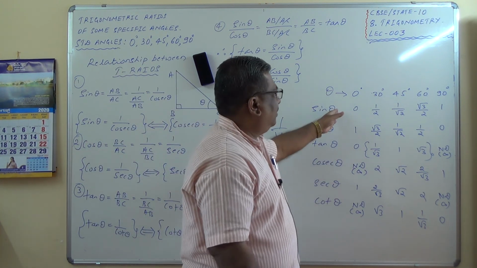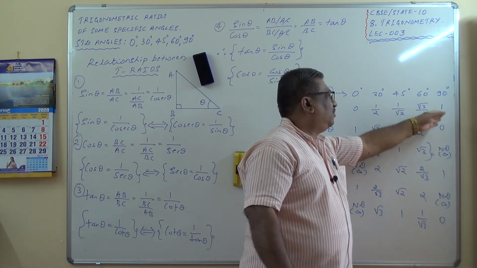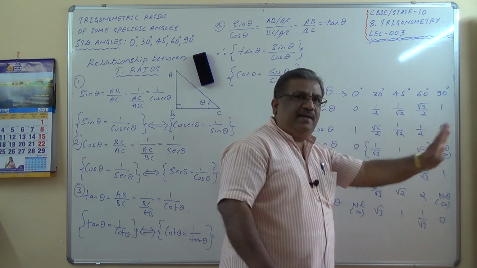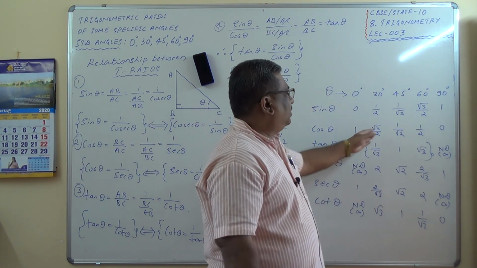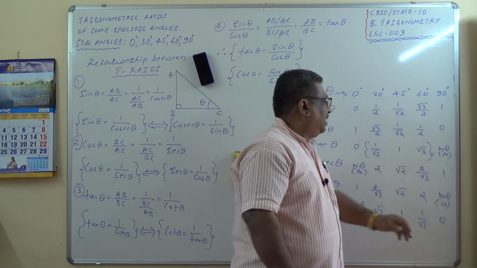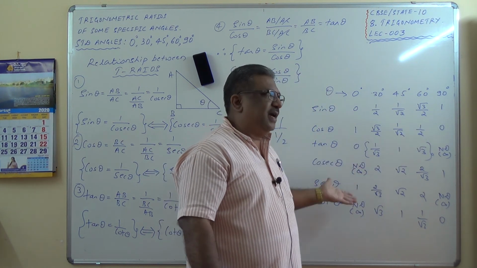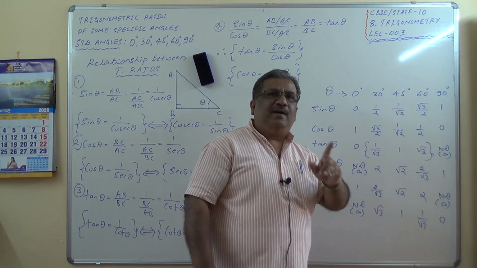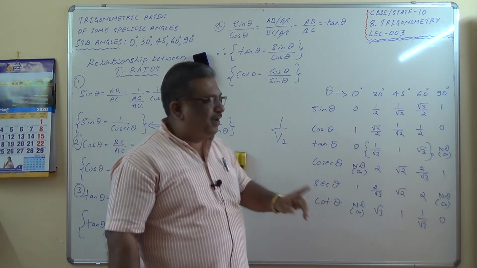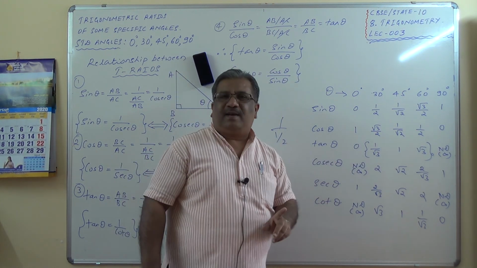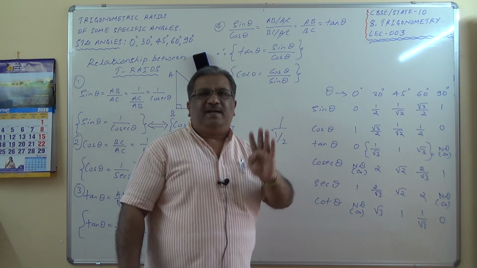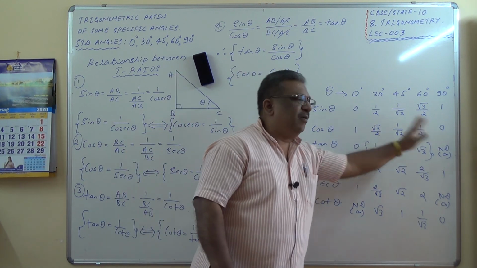So sine is 0, half, 1 by root 2, root 3 by 2, 1, and take the reverse of this for cos: 1, root 3 by 2, 1 by root 2, half, 0. And finally tan is 1 by root 3, 1, root 3. That is how you can remember 30 degree, 45 degree and 60 degrees, and finally 0 and not defined.